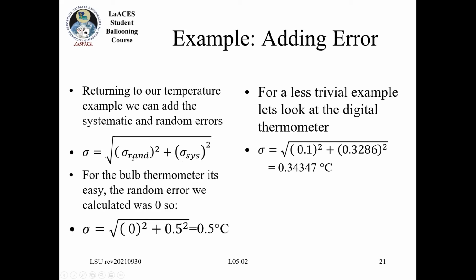I can take measurements all day and get the random error down to 0 by averaging multiple measurements, but I'm going to have this systematic error, which is at some fixed value depending on my setup and my measurement devices.